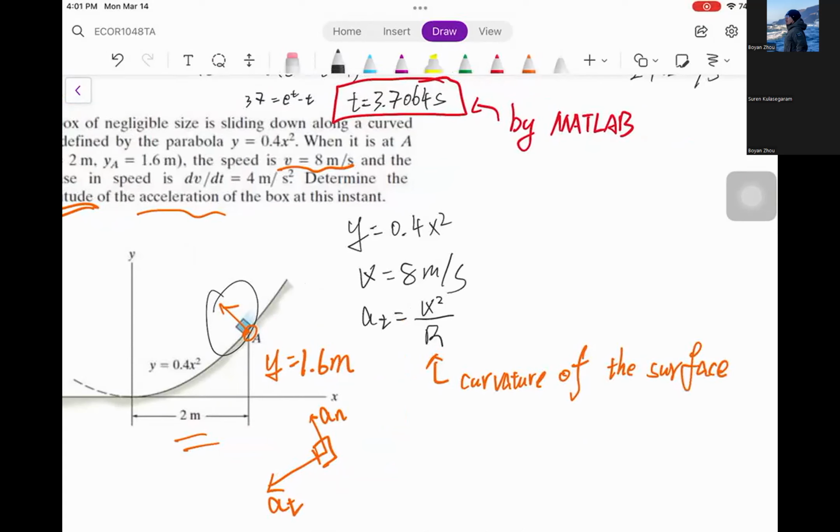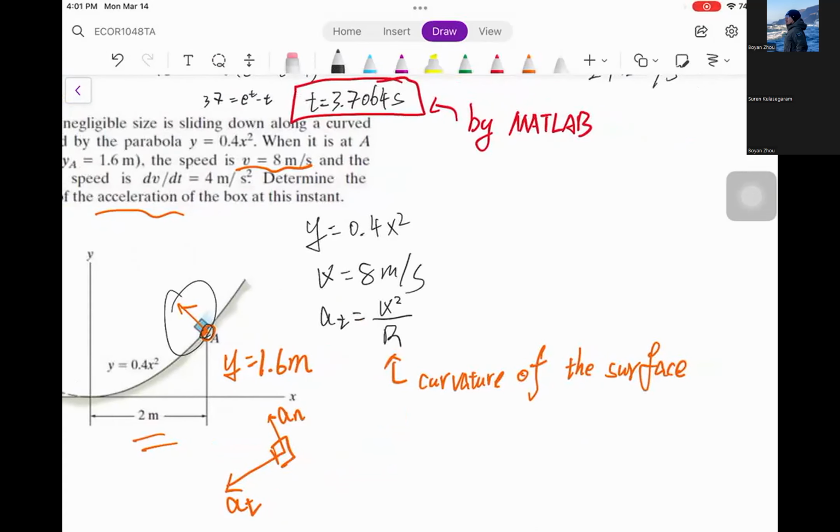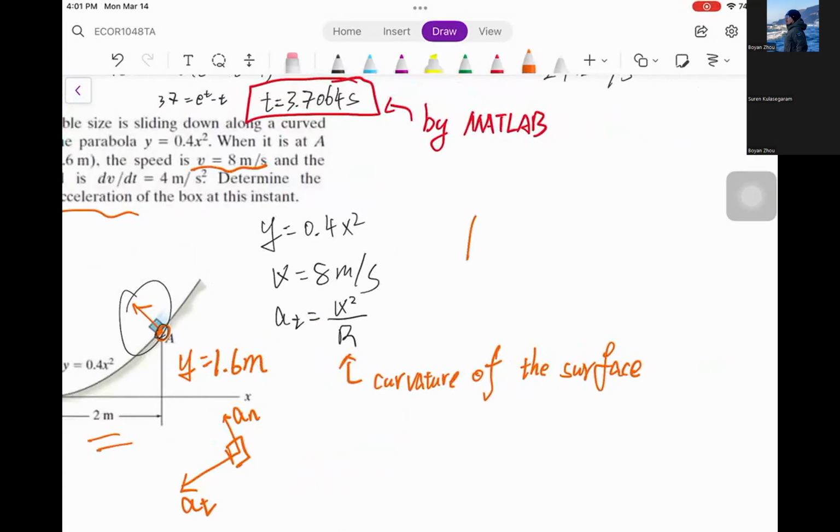So we need to use another equation to find out the curvature of the surface at this location. And the formula is also given in your lecture slide. So here, I'm just going to copy the equation down.